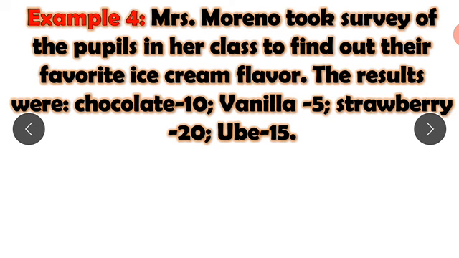Mrs. Moreno took a survey of the pupils in her class to find out their favorite ice cream flavor. The results were chocolate 10, vanilla 5, strawberry 20, and ube 15.